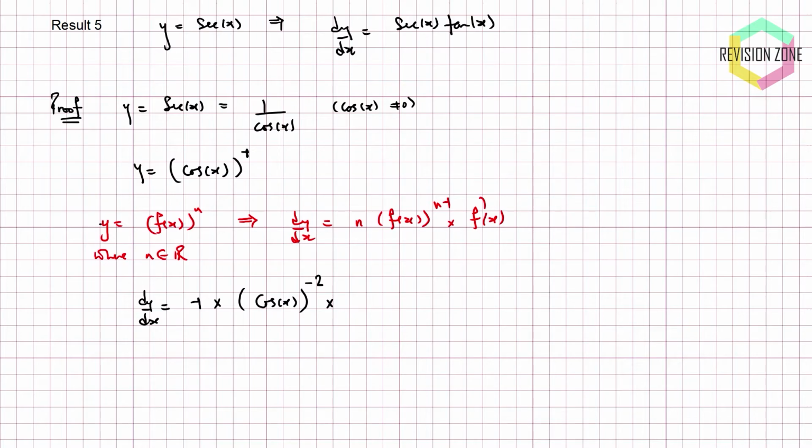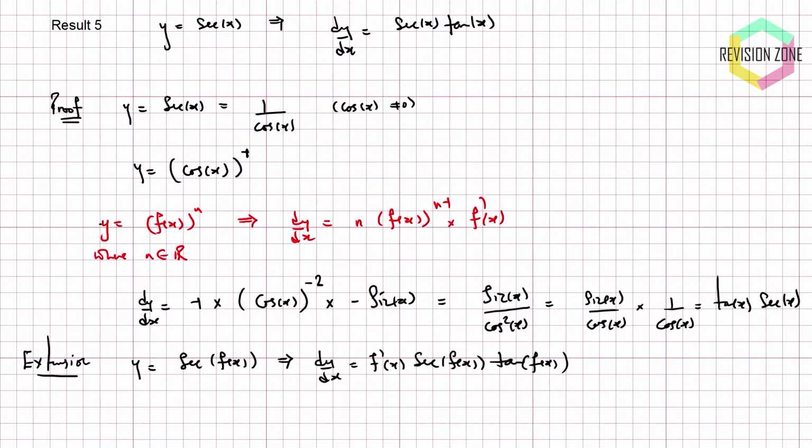So my function is cos, the derivative of cos is minus sine. So you see, we've been able to write down the answer, and in this case, it's just going to be sine x over cos squared x, but obviously we can split that up into sine x over cos x times 1 over cos x, and that's the exact same thing as tan x times sec x.